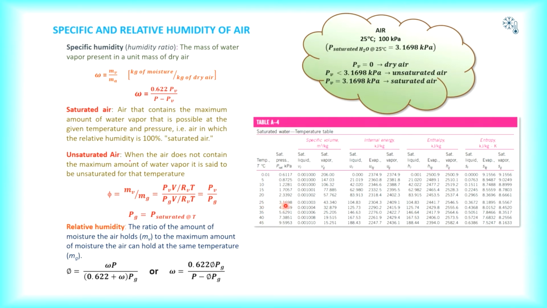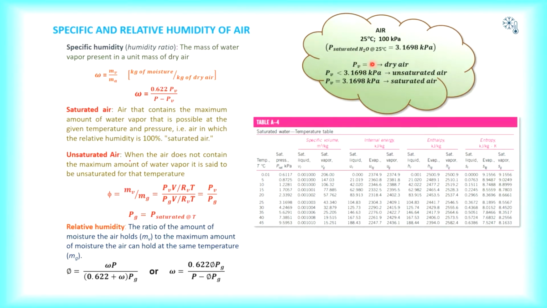So the saturation pressure is 3.1698. That should be your PG. This would be your partial pressure of water vapor when the air is saturated. That is why it's the PG. Now, PV is the partial pressure of water vapor when the air is not saturated.